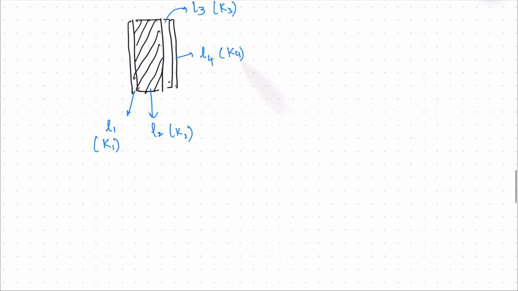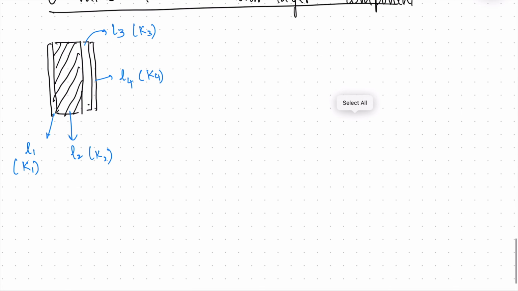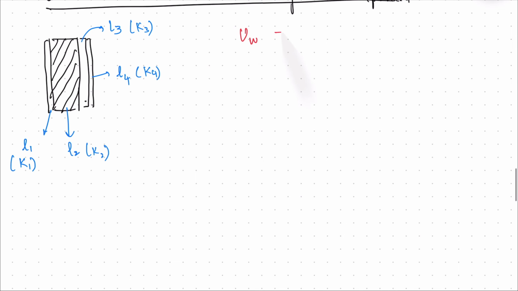Now, here's the thing, the U values cannot be added. U values are not added mathematically, or sorry, arithmetically. What I am trying to say is the U value of this wall cannot be U1 of layer 1 plus U2 plus U3. It doesn't work this way because U values are not added arithmetically.